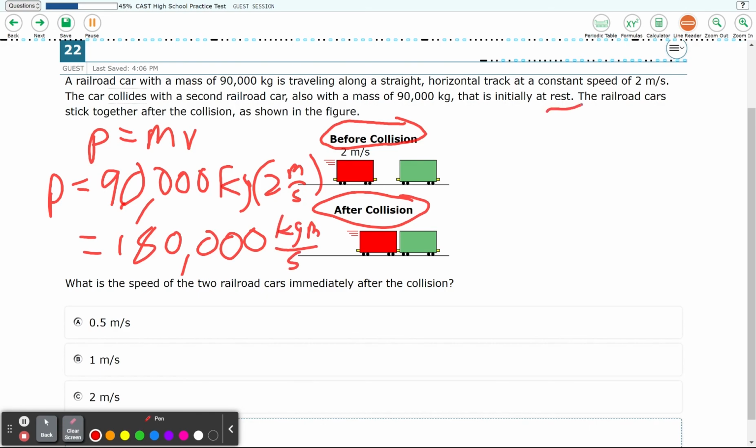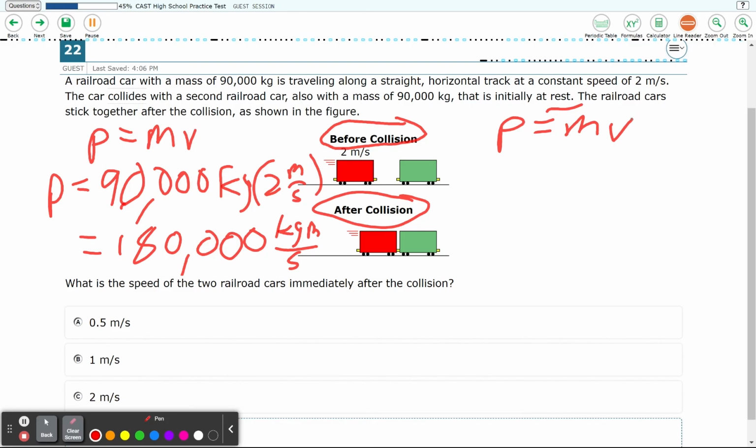The other car is at rest, so we're multiplying times the velocity of 0, so it doesn't have any momentum. After the collision, we have to have the same amount of momentum. P equals mv. So P still has to be 180,000, but now we have a different mass.